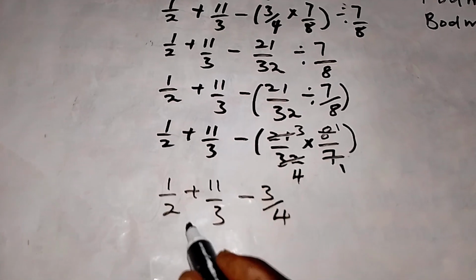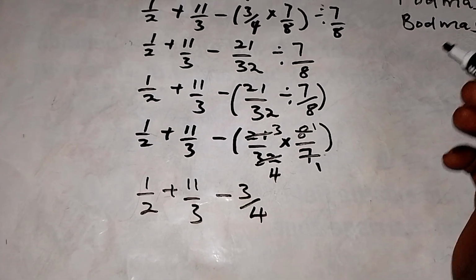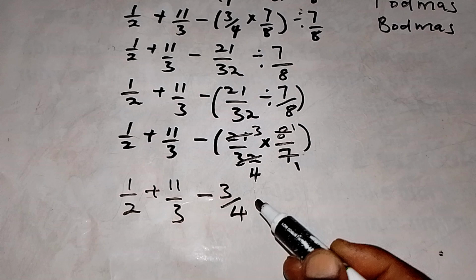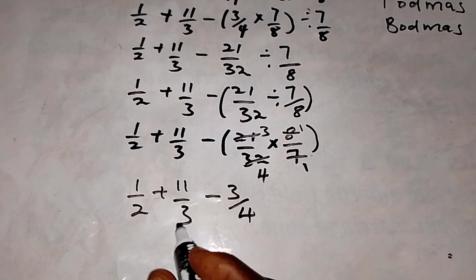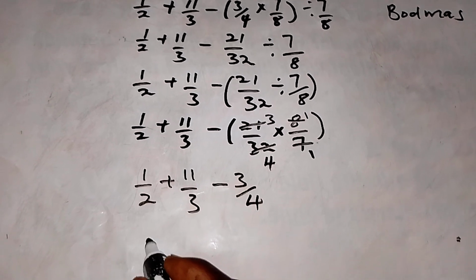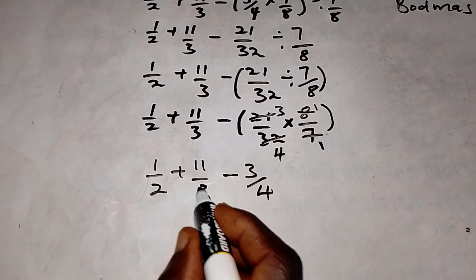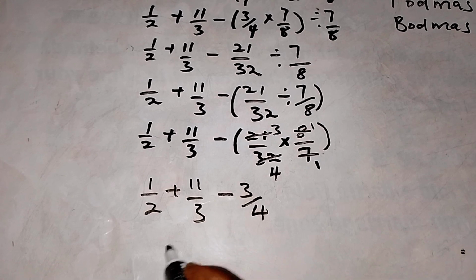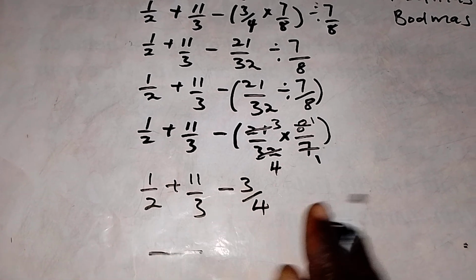From there we can move to the next operation, which is the multiplication, and since we don't have multiplication, we move to addition. So you'll have 1 over 2 plus 11 over 3, you add these two.